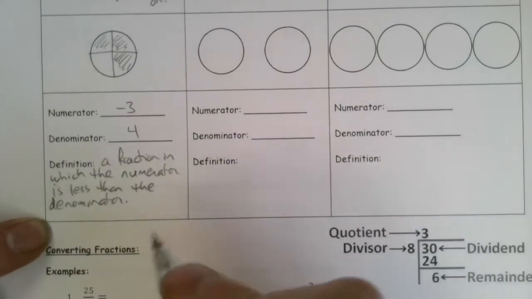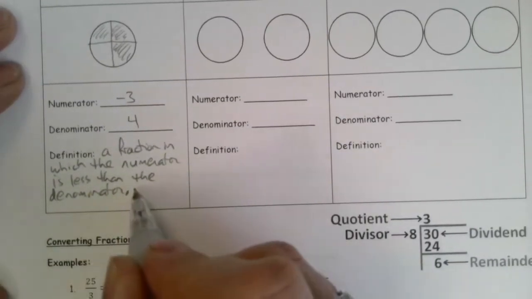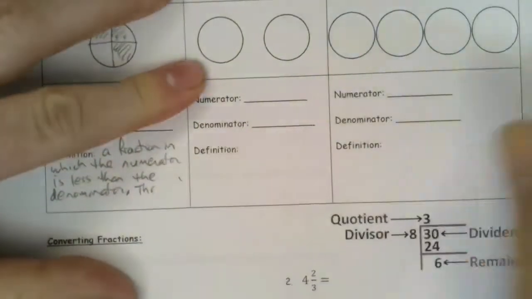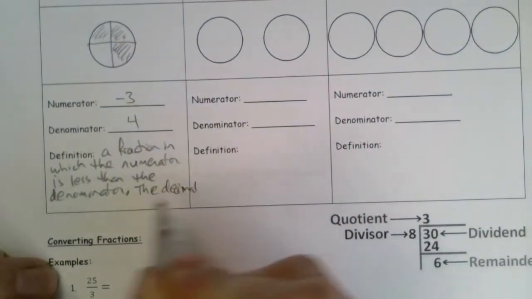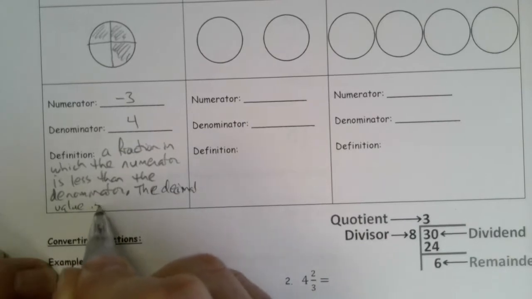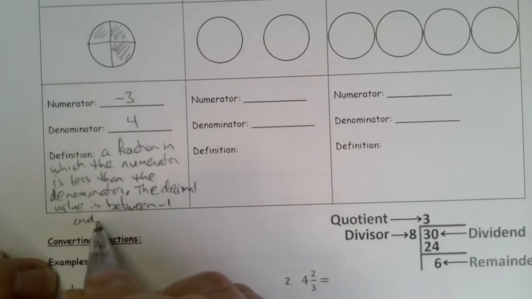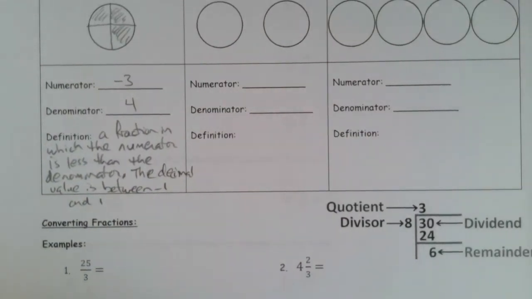Now, that means that its decimal value is between -1 and 1. So we're dealing with a fraction that is, strictly speaking, a part of a whole. It's less than a whole, the whole being equal to 1, whether that be a positive one or a negative one.